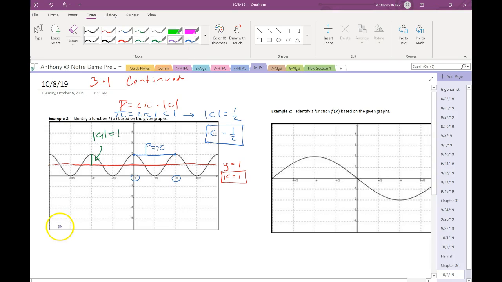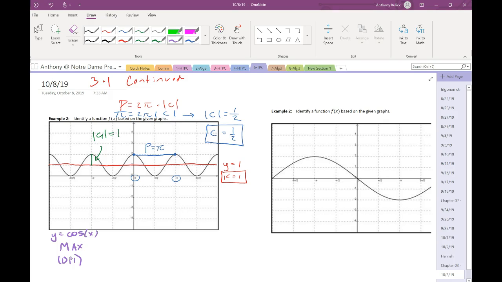So let's start with cosine here. If I want to write this as y equals cosine, what I need to do is find a point on cosine that I can relate back to one of the points on the parent function. So I'm going to look for a point on my graph that I'm going to relate back to the point 0, 1 from my parent function.